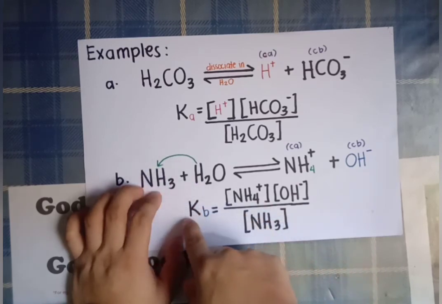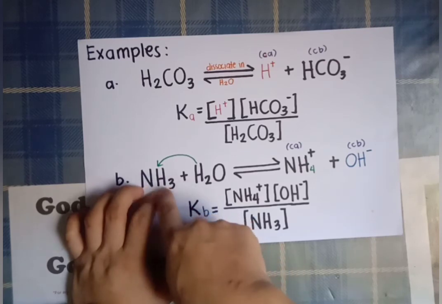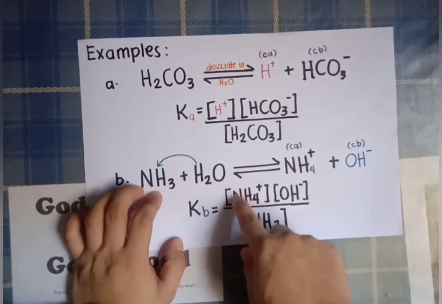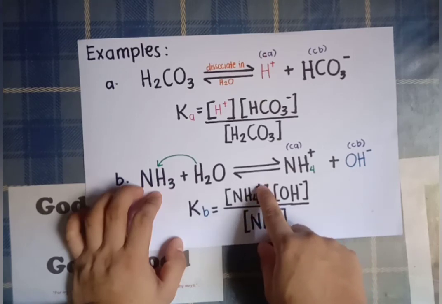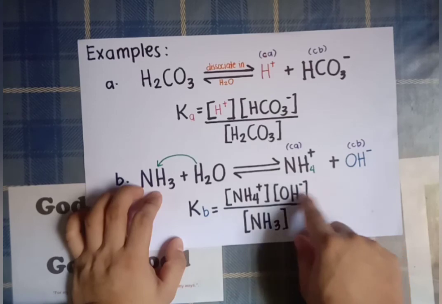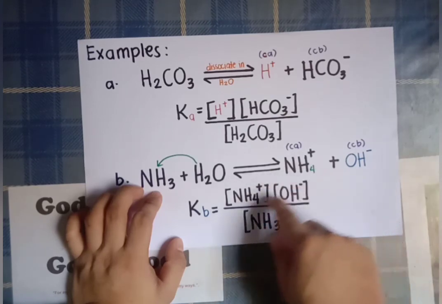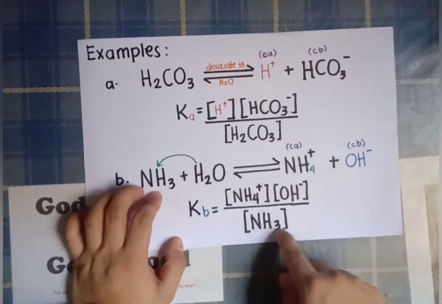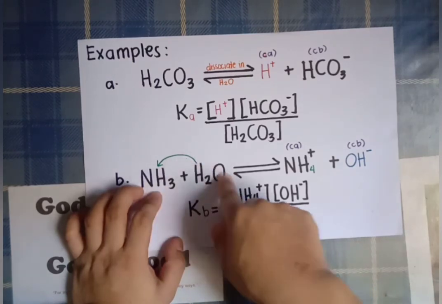So we have here Kb, dissociation constant for base, because NH3 is a base, not an acid. So Kb is equal to molar concentration of NH4 positive, multiplied to the molar concentration of OH negative, and again meron silang exponent na invisible 1, over the molar concentration of NH3, and si water kinancel na natin.